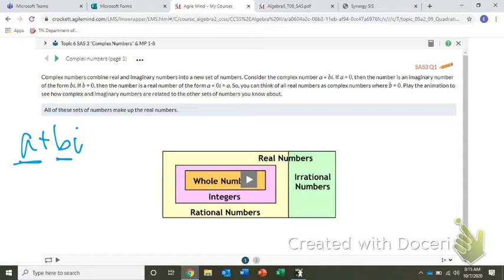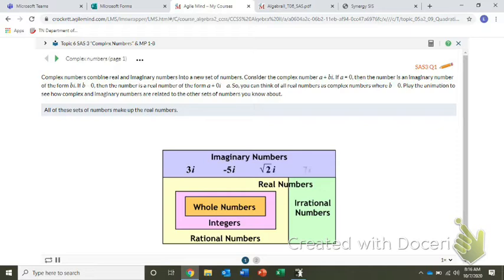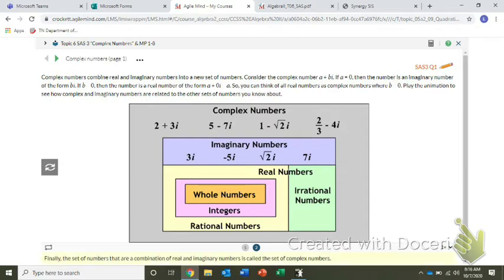All right, so if you hit play, it's going to show you your imaginary numbers. Why do you think those up top in the purple are all imaginary? They all have a what? I. They all have the I, okay? If you hit the number 2, now you have complex numbers.